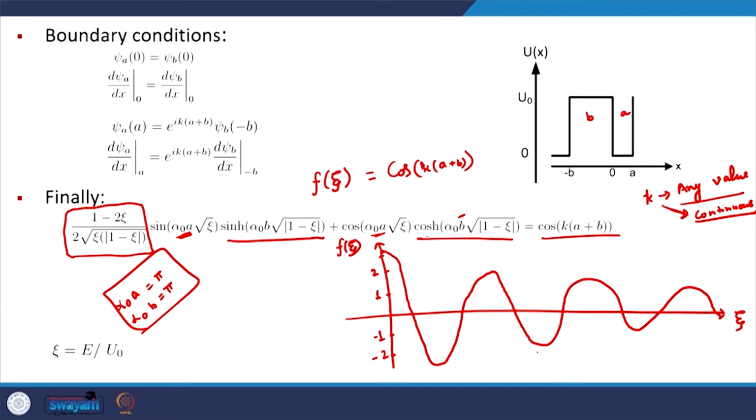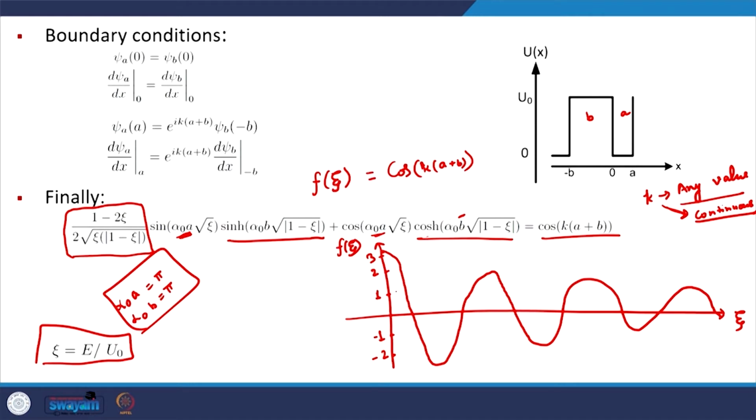On the left hand side, however, we have a hyperbolic function which initially has high amplitude, but gradually the amplitude decays down. So, the E and k values which will jointly satisfy this equation, if we try to figure that out from this plot, will be those values of energy, or those values of this parameter xi, for which this left hand side function is between +1 and -1.